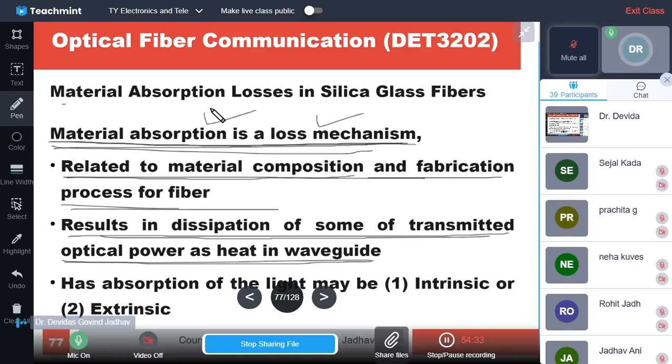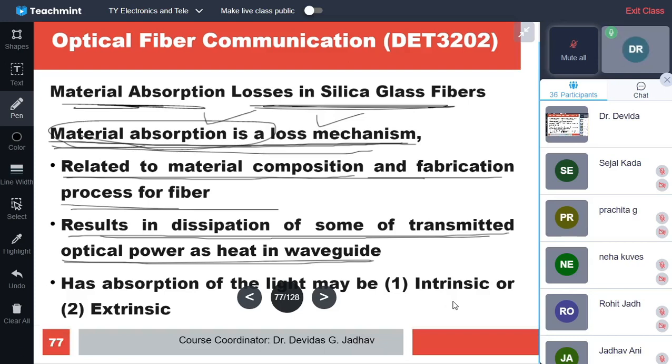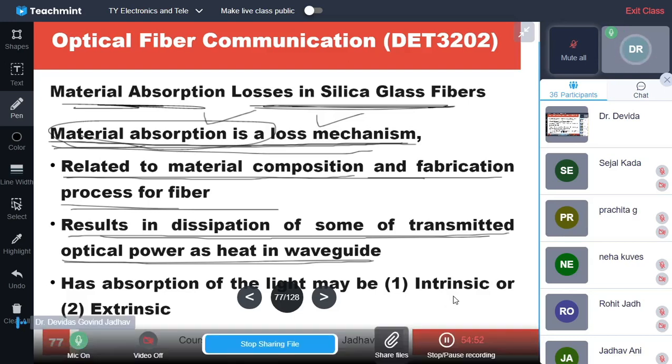This is material absorption in the silica glass fiber. So intrinsic is related to the intrinsic material, extrinsic is related to extrinsic material. That means intrinsic means pure material, extrinsic means impurities in that.